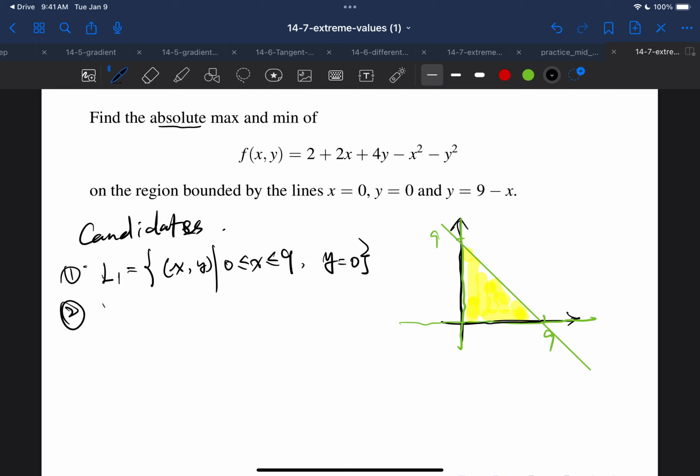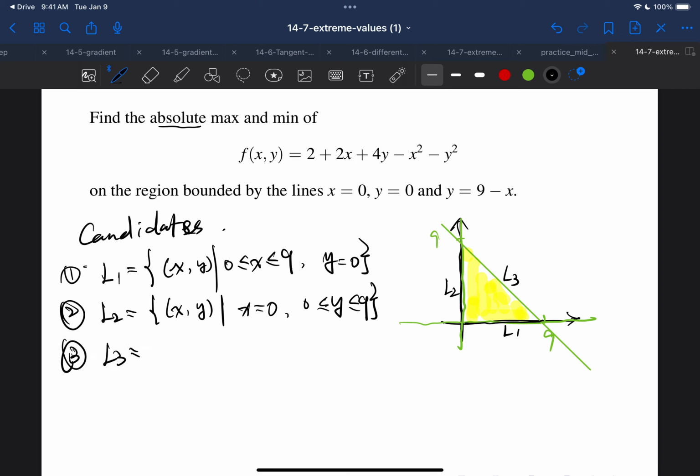The other one is line 2, which is (x, y) with x equals 0, but y running from 0 to 9. So this is R1, this is R2. R3 is all (x, y) such that x plus y equals 9, and x is between 0 and 9. So those are from the boundaries.